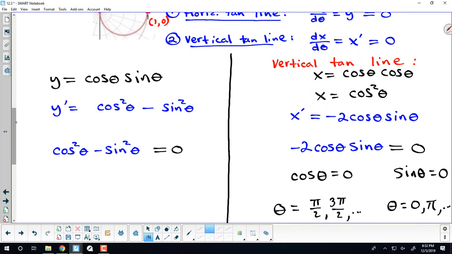And then for our horizontal tangent line, I think we sort of got to the point where we were saying cosine squared minus sine squared is 0, and we're trying to solve for theta there.